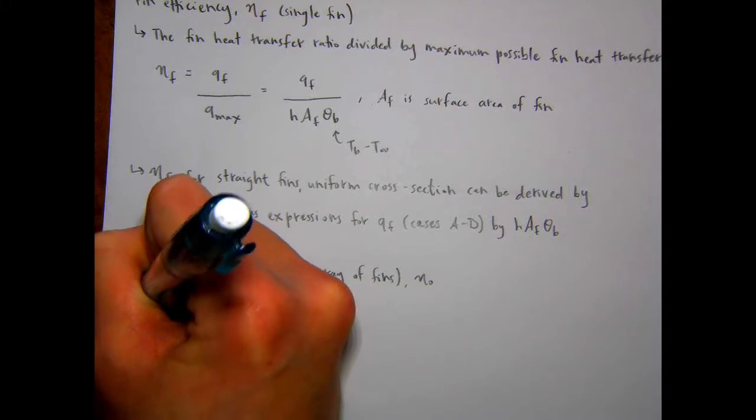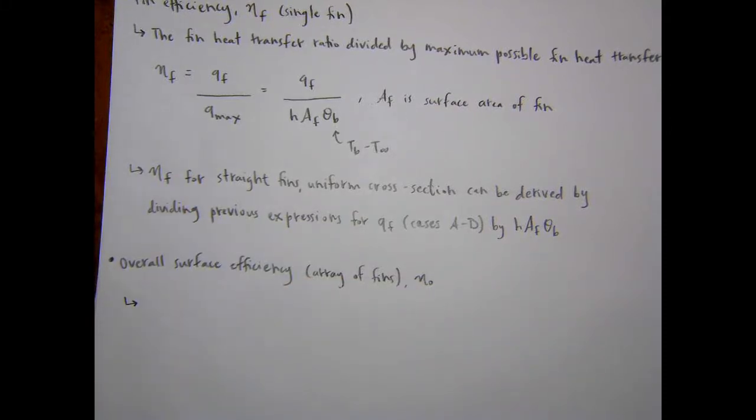So as before, we're dividing the actual heat transfer rate by the maximum possible heat transfer rate. So for this case, because we're considering a fin array, the surface area that we're going to be talking about is the total surface area of the fins and the exposed portion of the base.